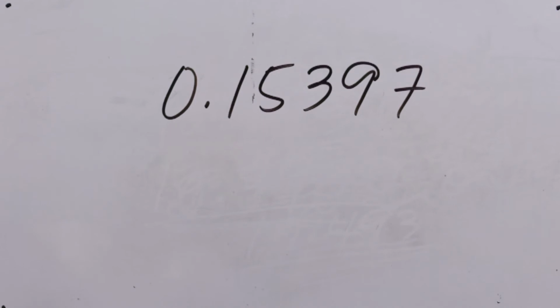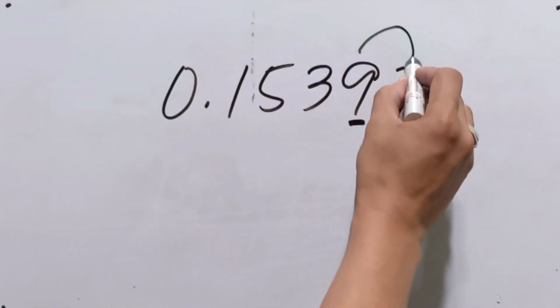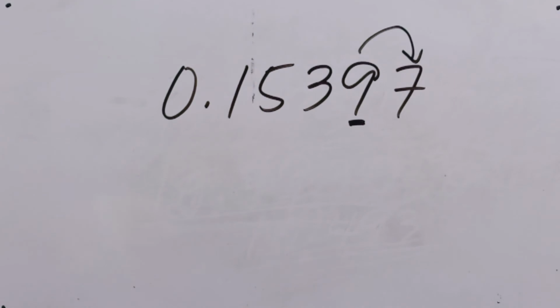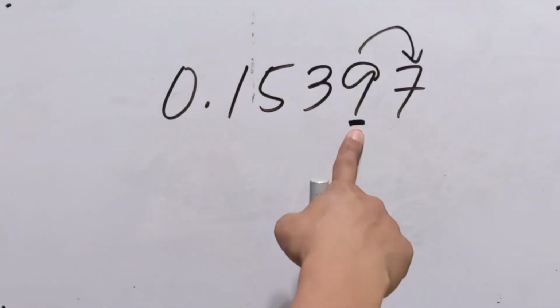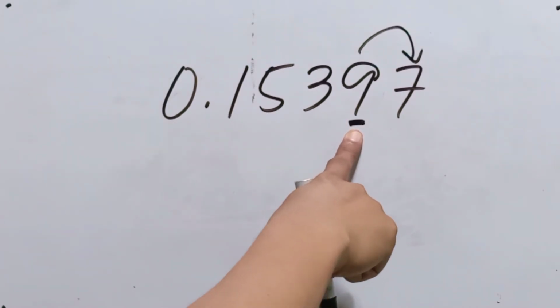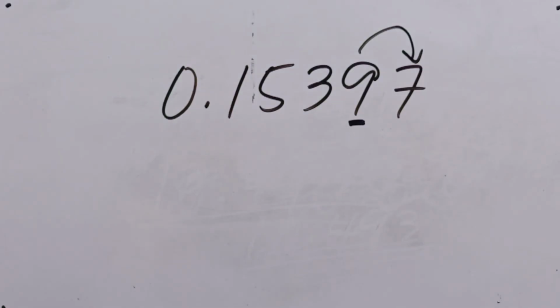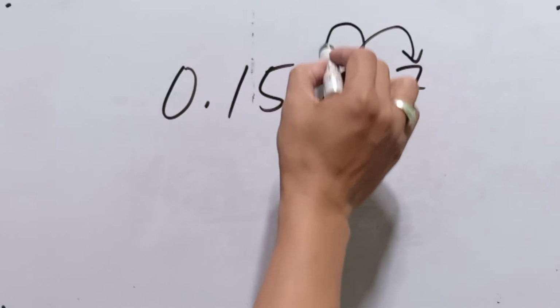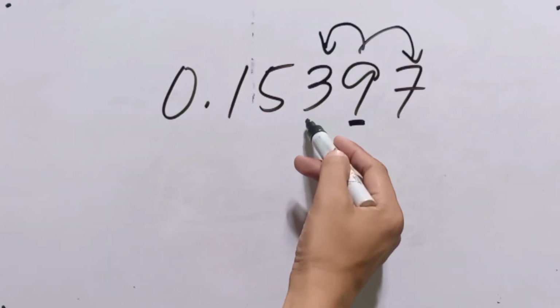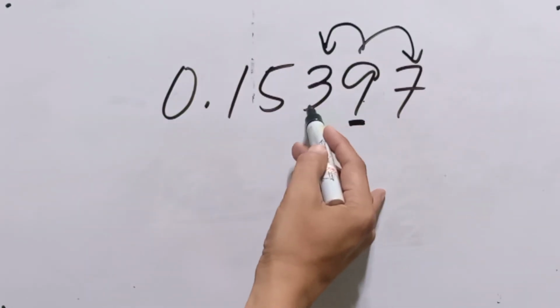Now let's round off to the nearest ten thousandths. What digit is in the ten thousandths place? The digit 9. So it's either remain the 9 or add 1 by looking at the right digit. It's 7. If it is 5 or more, we add 1. So we add 1. If we add 1 to 9, it becomes 10, right? So what do we do again if we add 1, then the sum is 10? Yes, we add 1 to the next digit here to its left. So instead you add 1 here, you add 1 here.